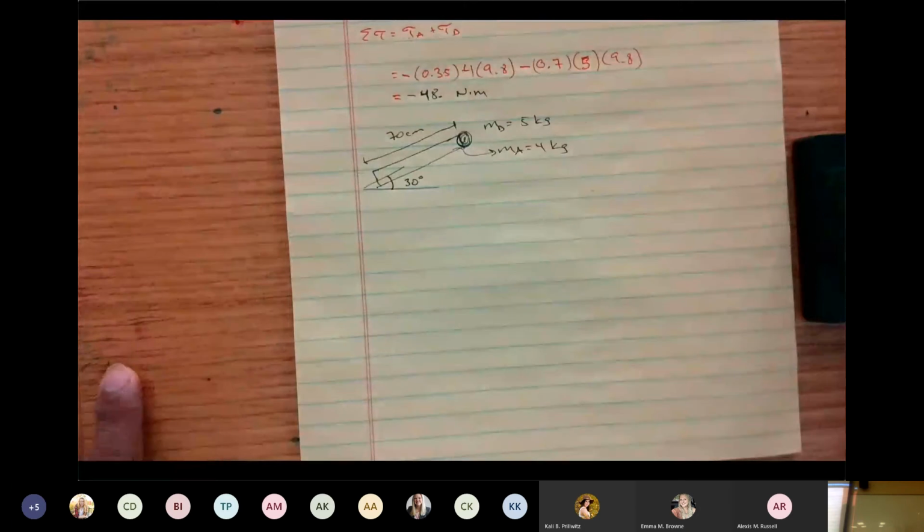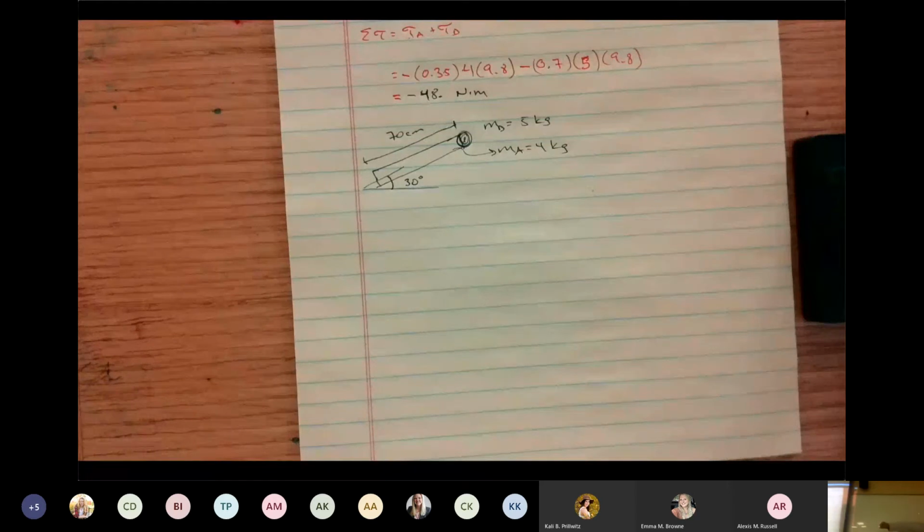Now, based on your experience, if you have picked up dumbbells, is it gonna be harder to have your arm completely horizontal to the ground, or is it gonna be harder to have it a little bit lifted? What about if you have 30 degrees below horizontal instead of above?